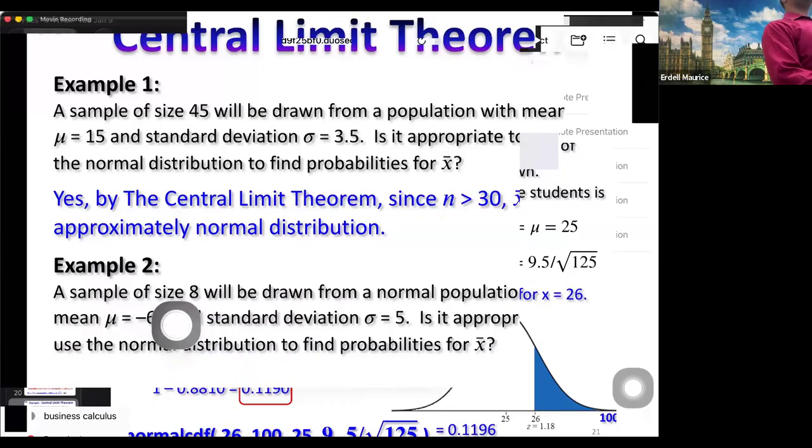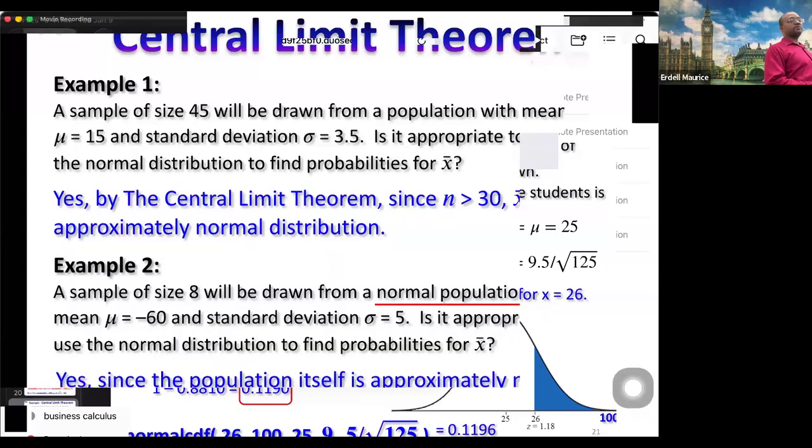It needs to be 30 or larger. But if the population is normal, we have to revise: the sample size only has to be 1 or greater. And so the answer in this case is yes. Since the population is normal, X bar itself will automatically be normal.